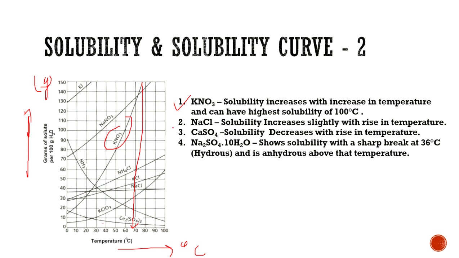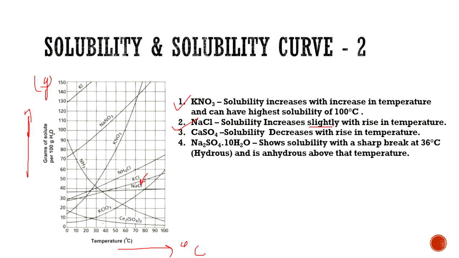Secondly, sodium chloride. Let me check where sodium chloride is. It is almost a straight line. If you observe sodium chloride, solubility increases slightly. This word slightly is very important. If you don't write the word slightly, your mark is gone.